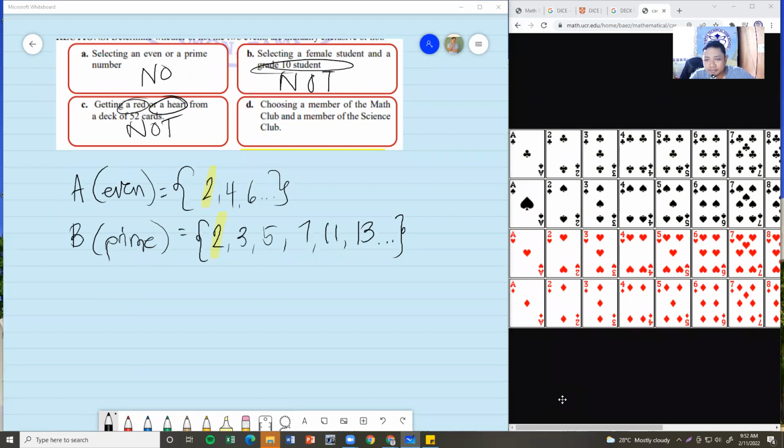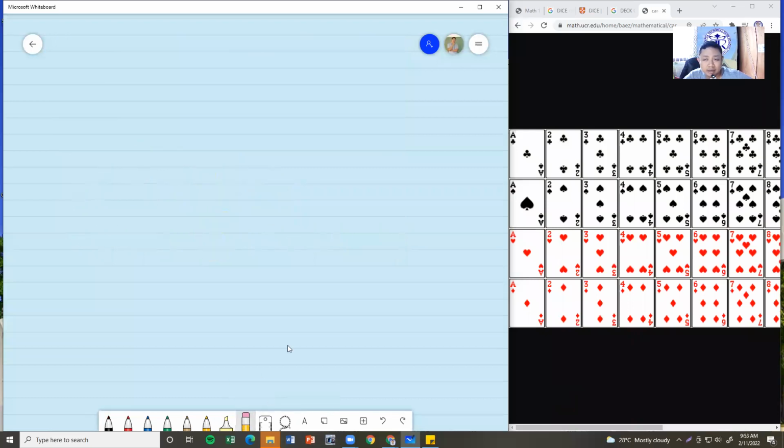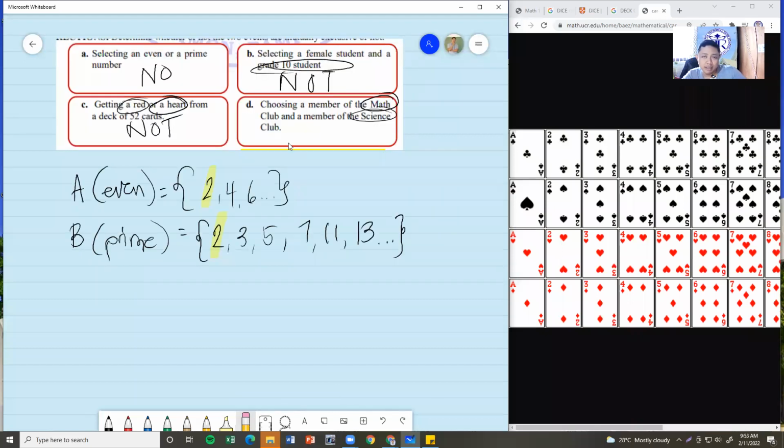Let me see. Thank you. Very good. They are mutually exclusive because a math club member has different science club members. Very good. So the mutually exclusive event is now clear. And letter D is the only one which can be identified as mutually exclusive.